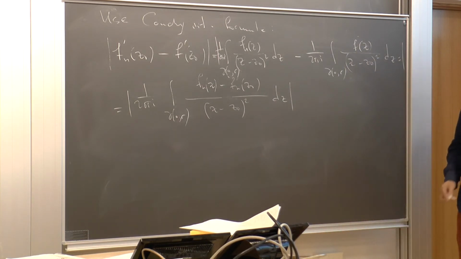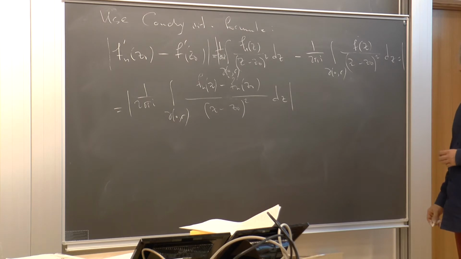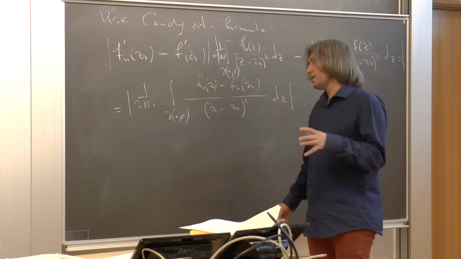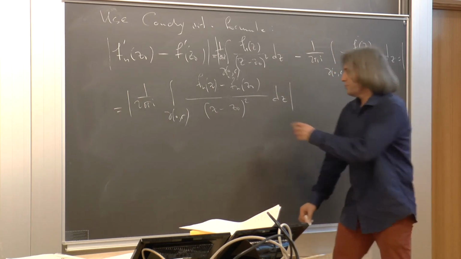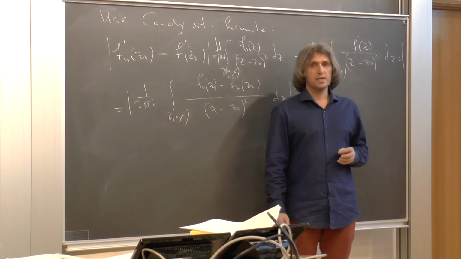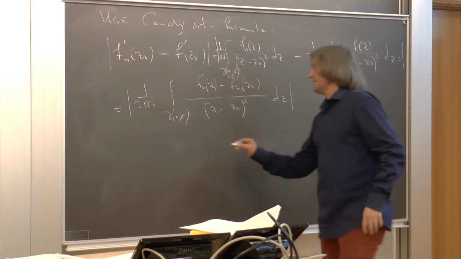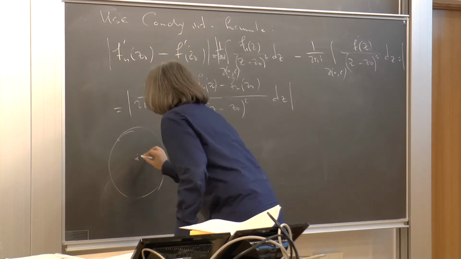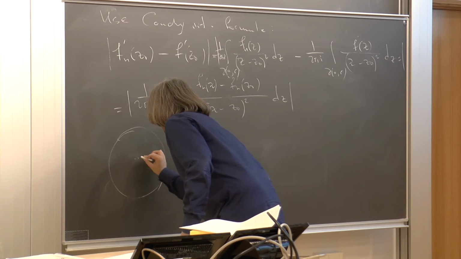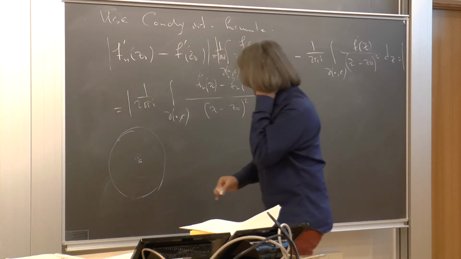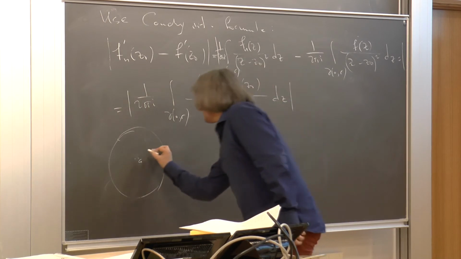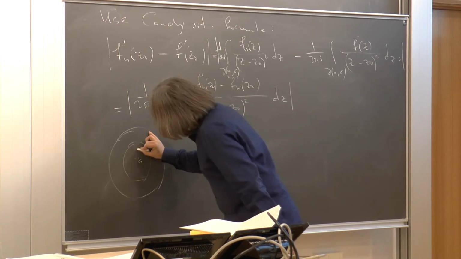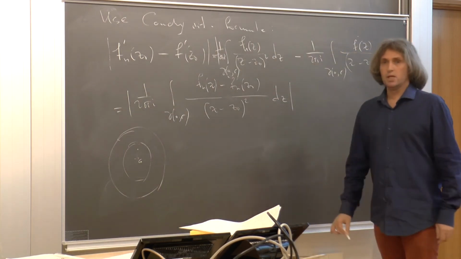Then we need estimates. Since we're choosing our disks to be small, we can put Z naught even closer to the center of the disk. So we have this disk around A, and let's say the point Z naught is even closer, so it's somewhere here.